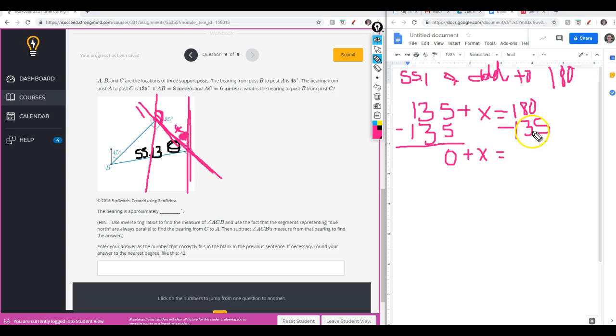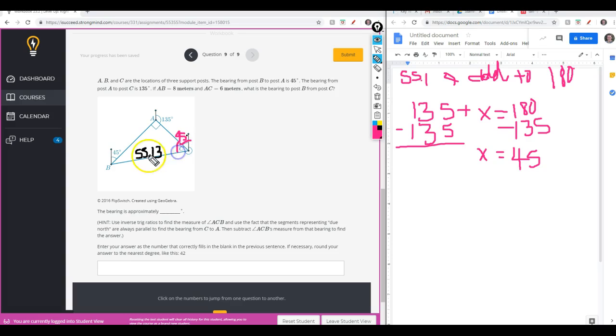That equals 180 minus 135, which is going to give me 45 degrees. Now this is most typically written as just x equals 45 degrees. So this is 45 degrees. So I'm actually going to erase these, so we know that this angle right here is 45 degrees.